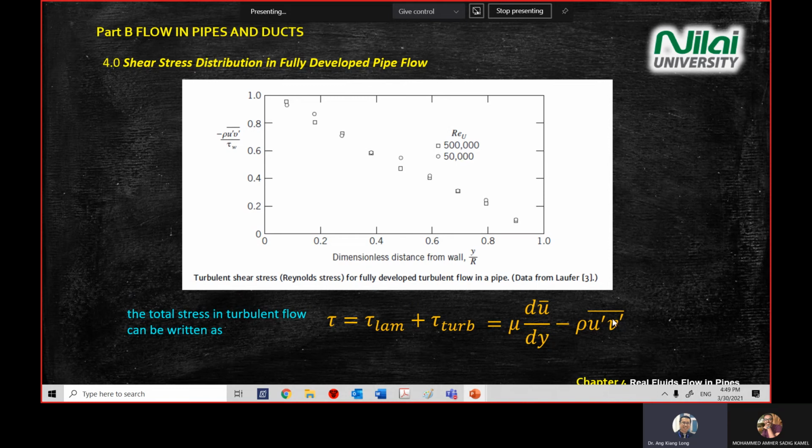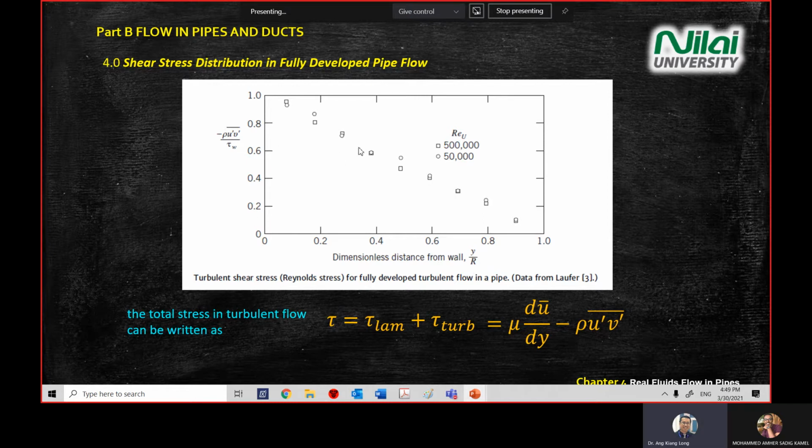And if you plot the turbulent stress, the stress in the turbulent system, the y-axis is negative rho u hat v hat, or u prime v prime, divided by the wall shear stress, versus the dimensionless distance from the wall, where you take y divided by r.